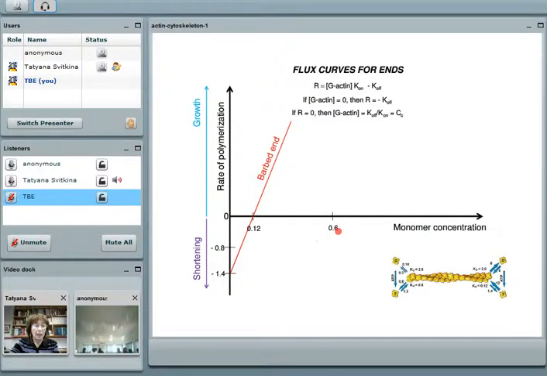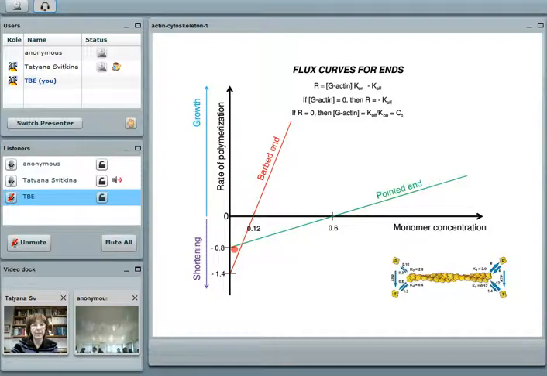And similarly, we put the curve for the pointed end. It intersects the x-axis at its critical concentration, and it intersects the y-axis at negative k-off. So what can we learn from this graph?